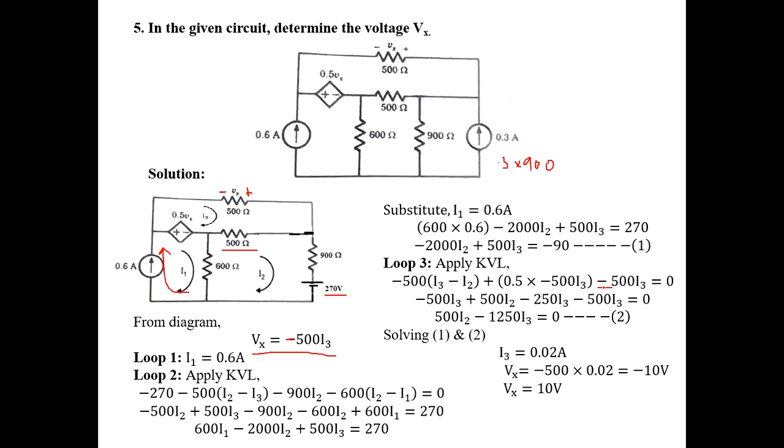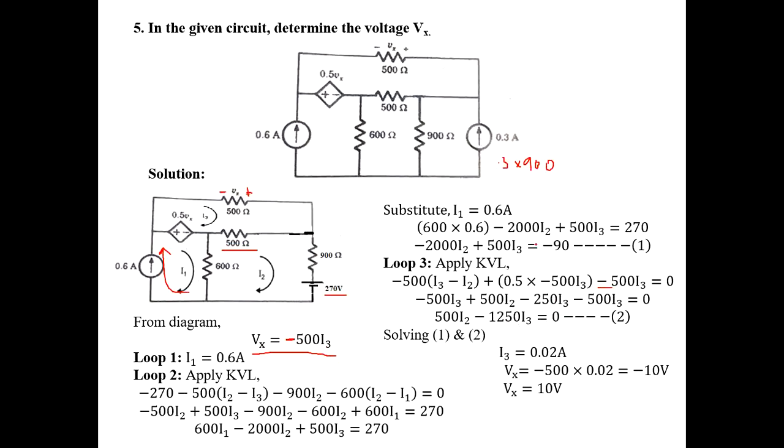But in this voltage equation we should consider this minus because the polarity goes from lowest to highest, so we put minus 500 I3. Then expanding each term, we get the equation 500 I2 minus 1250 I3 equal to 0.